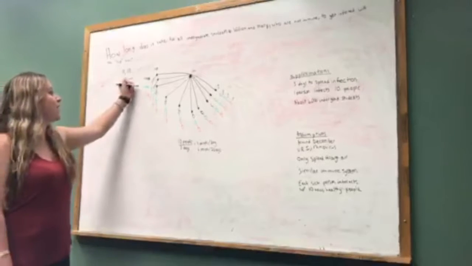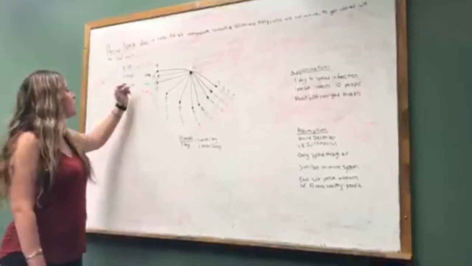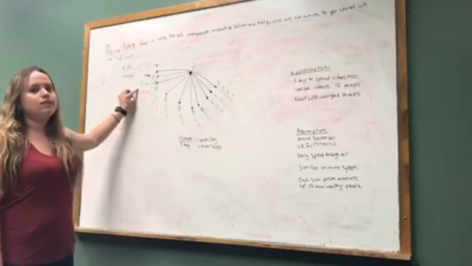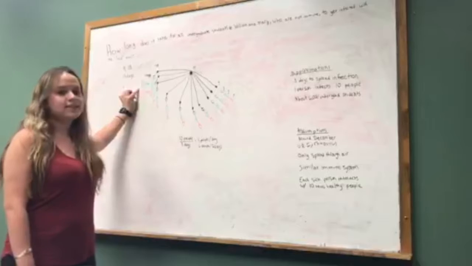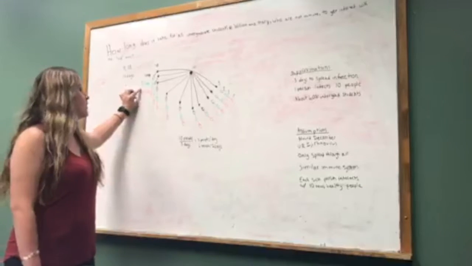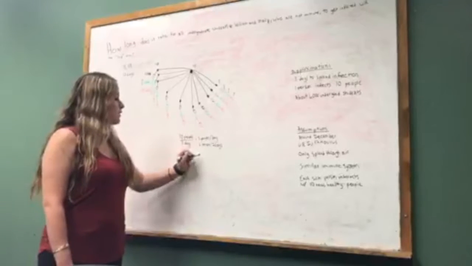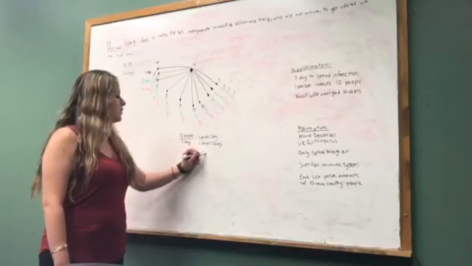Remember, as I said, that we add up all these numbers, so we know that we already have 1,000 newly infected people, and we're trying to reach 6,000. So 6,000 minus 1,000 is 5,000, which means we are trying to infect 5,000 new people.